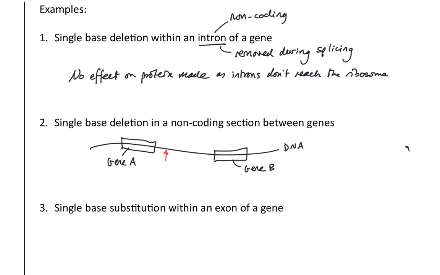If I want to read or transcribe this gene, we need the enzyme RNA polymerase. So RNA polymerase, let's give it its promoter region. So this is its promoter. It's like the on switch for a gene. Well, RNA polymerase will come and bind to the promoter.